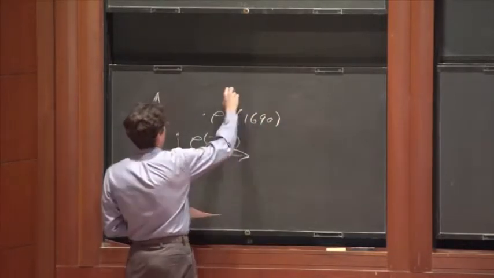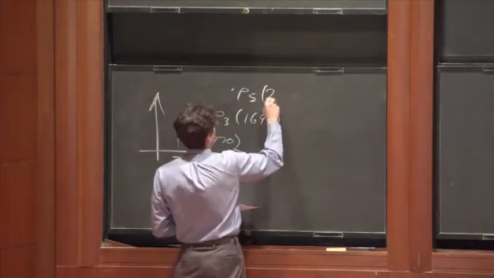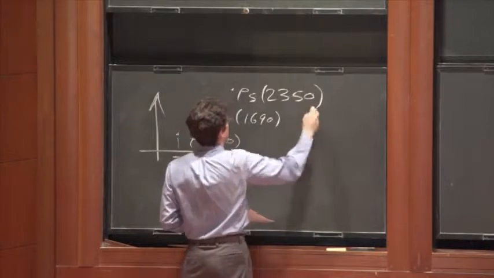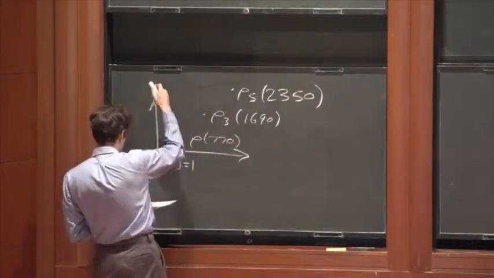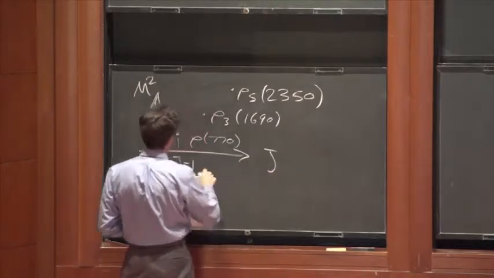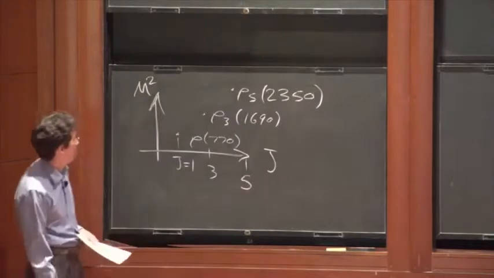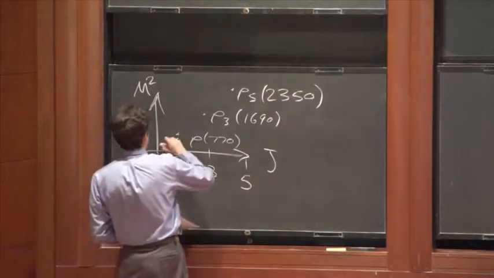And then there's another one called rho 5 at 2350. And sure enough, if this axis is m squared and this axis is j with 1, 3, 5 as the data points, you can see that things are lining right up.